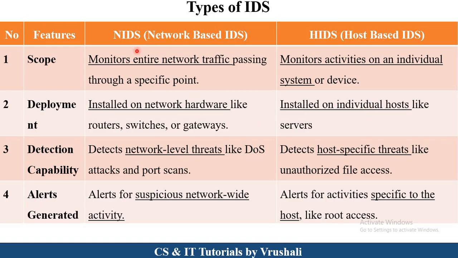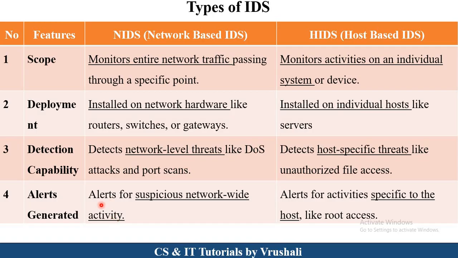Now, NIDS detects network-level threats like DOS attacks and scan attacks. But HIDS detects host-specific attacks, meaning an unauthorized user accessing a particular file in a particular system. So this is individual system based, and that is a network-based attack.